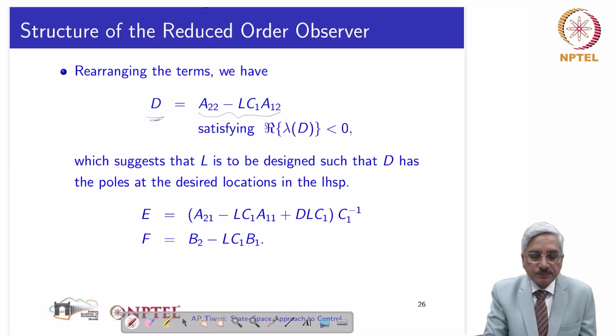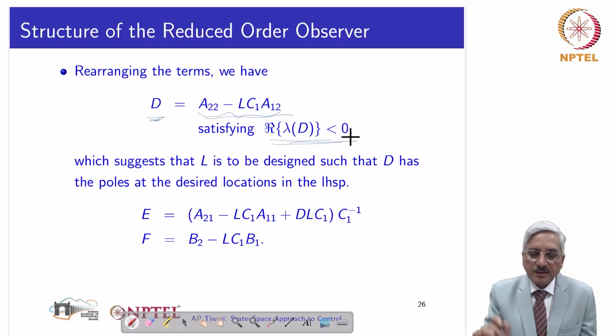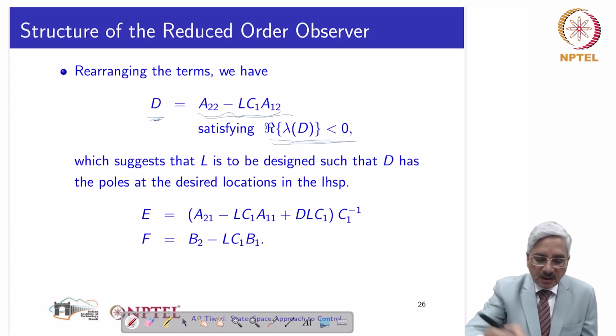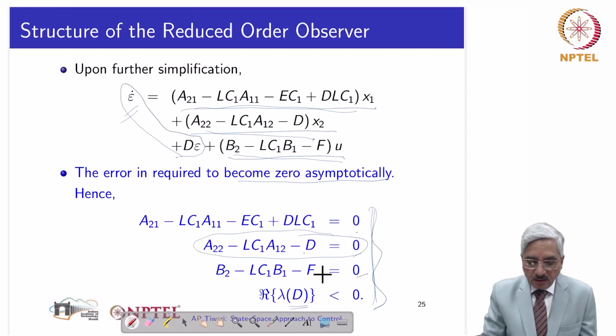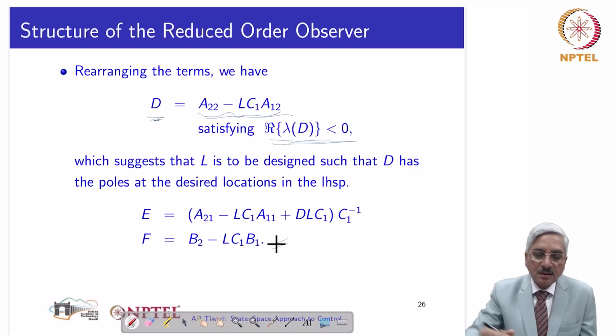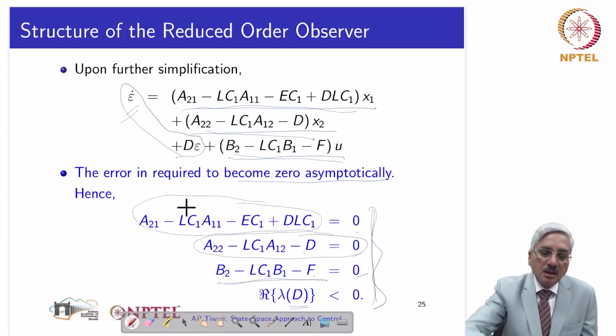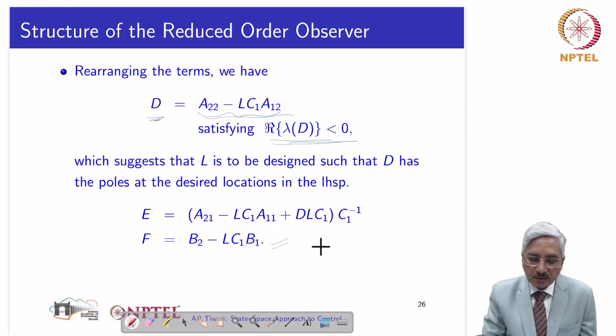It is written here, and it should have its eigenvalues in the left half S-plane. So that is this condition. Then the other two yield this. This one gives the equation for F equal to B2 minus LC1 B1. It is written here. And similarly, the first one has to be solved for E, and that gives this equation.